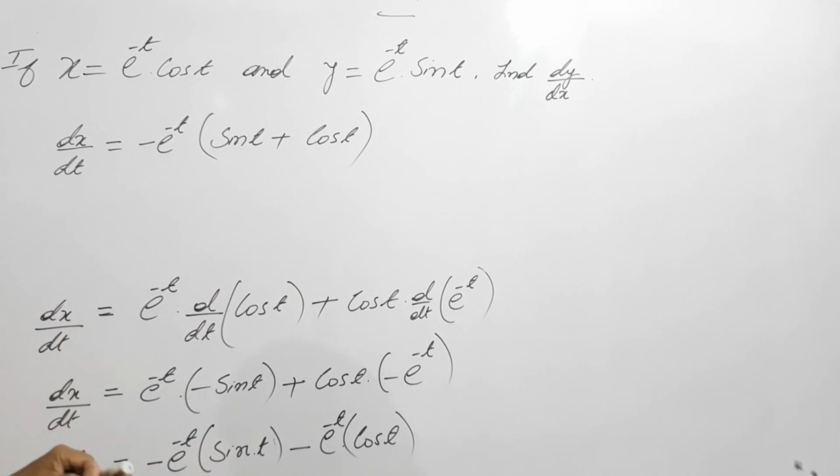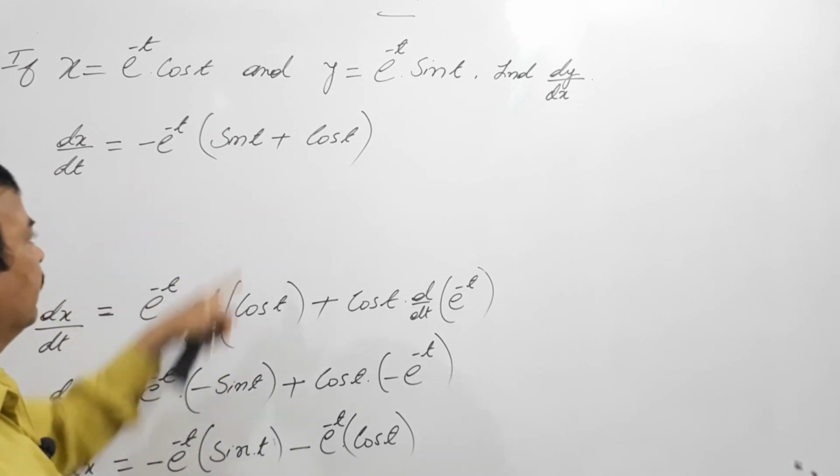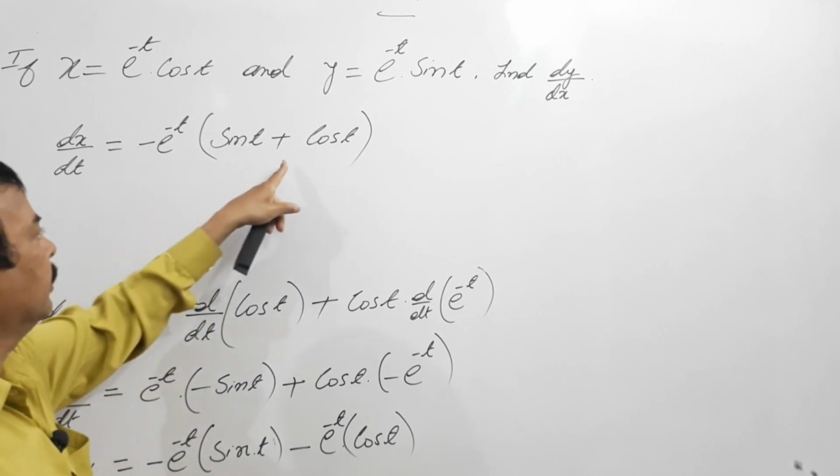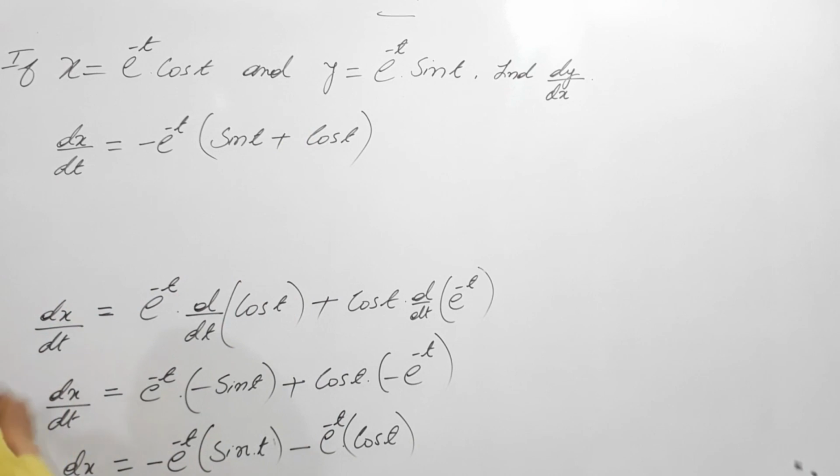So if you multiply this, you get minus e to the power of minus t sin t, and here minus into plus becomes minus, so it's correct. So I'll rub this.